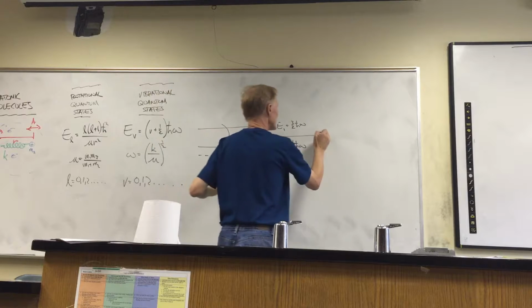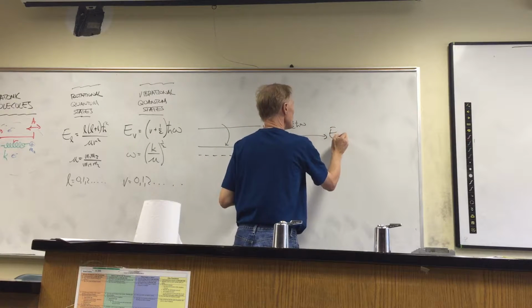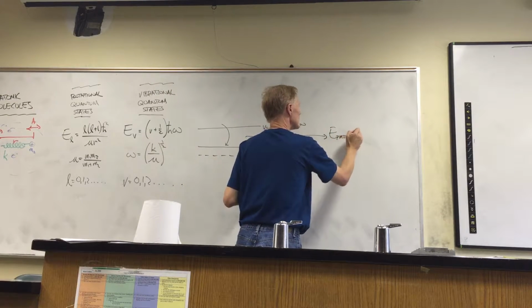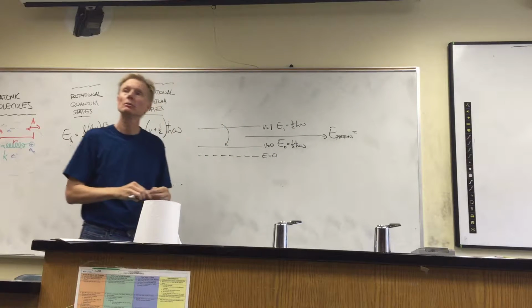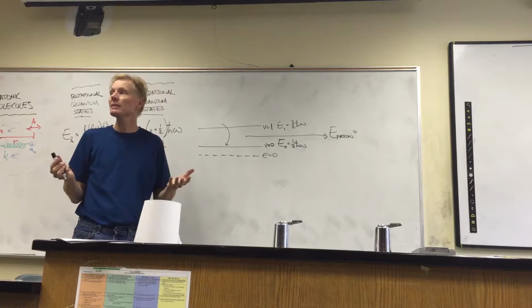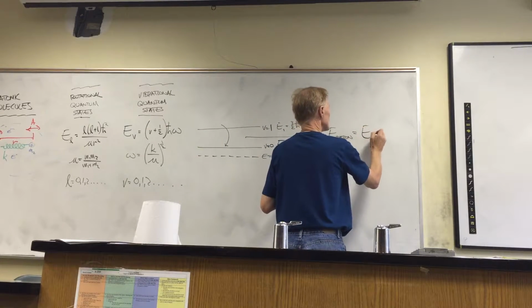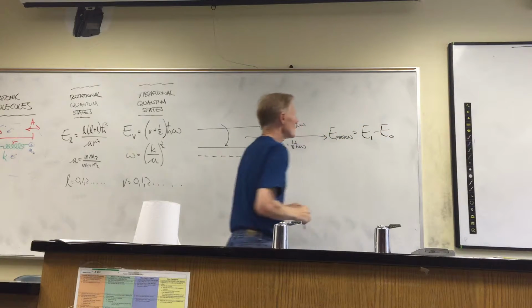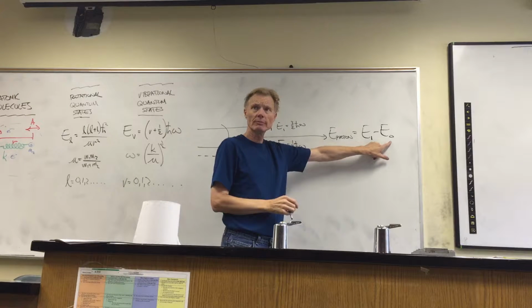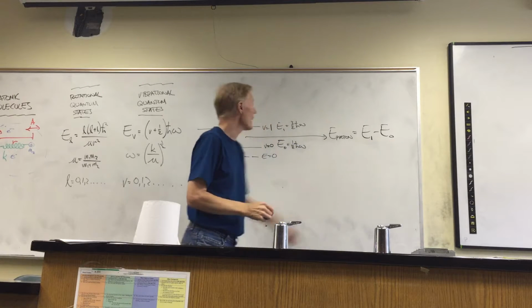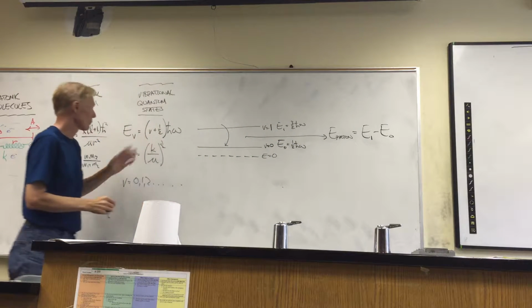So we'll have a photon that comes out of here. What will the photon energy be determined by? Yeah, E1 minus E naught, right? So what we can do is take the difference. And how am I going to come up with these energies? Yeah, from the vibrational formulas.